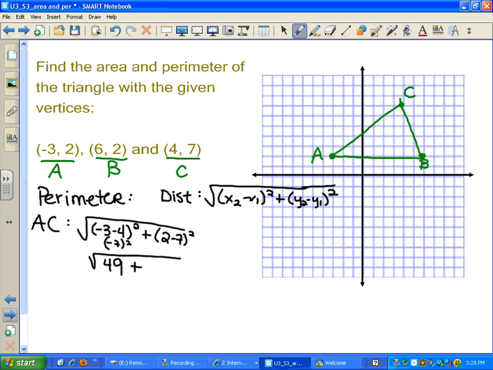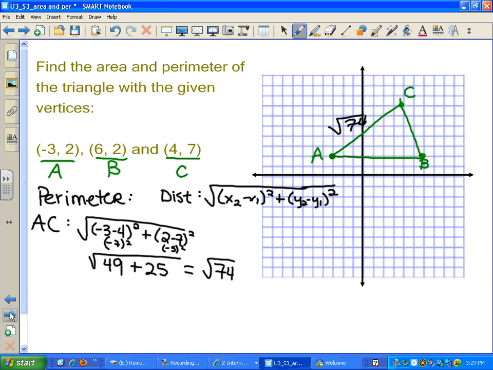Plus, 2 minus 7 is -5, and if I square that, I get 25. If I take 49 and add 25, we end up with the square root of 74. Okay, so AC is the square root of 74, and I'm going to label that in my picture.